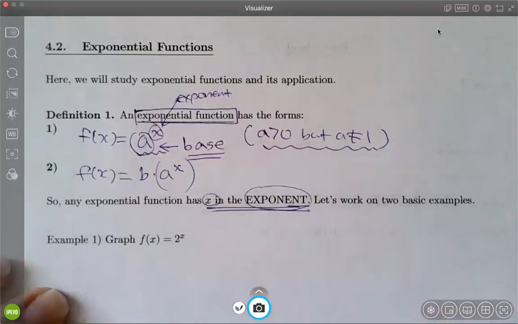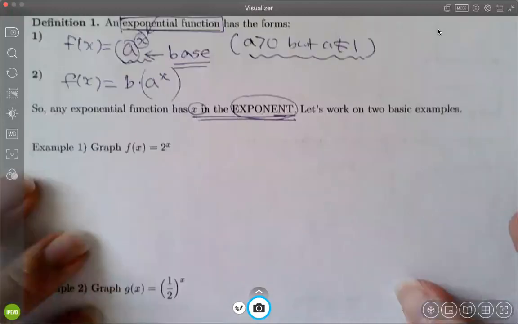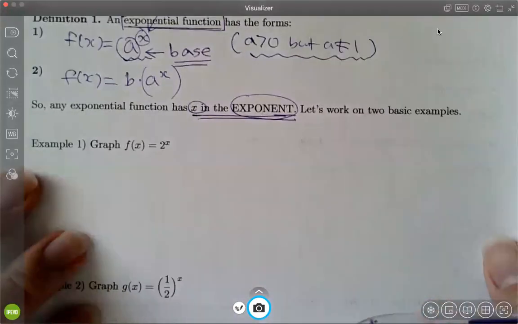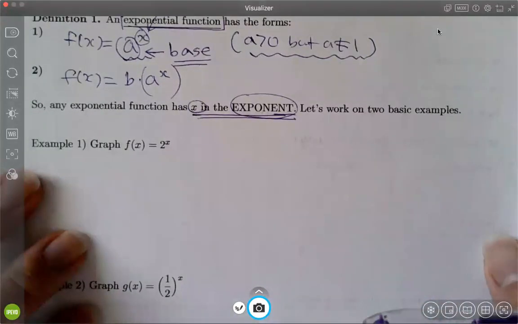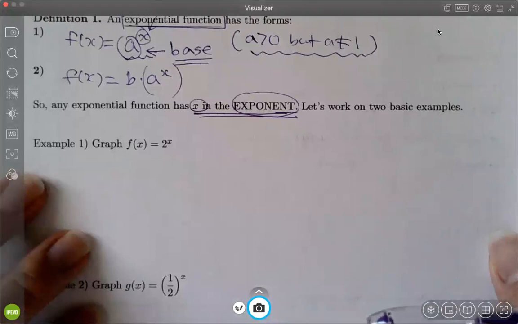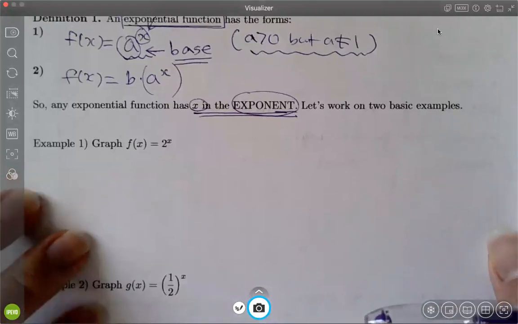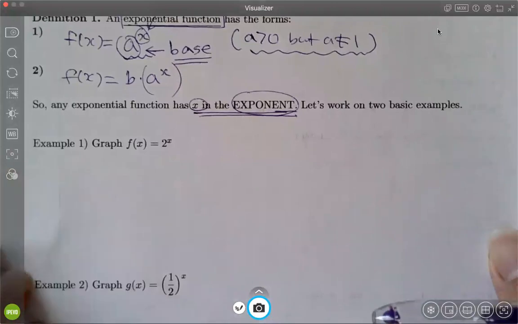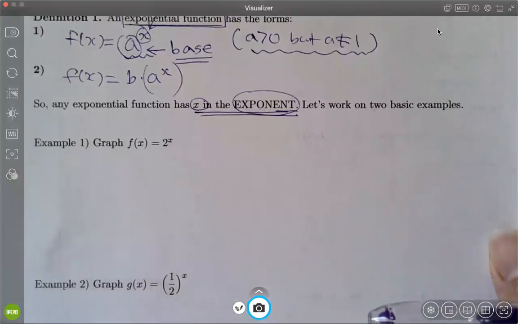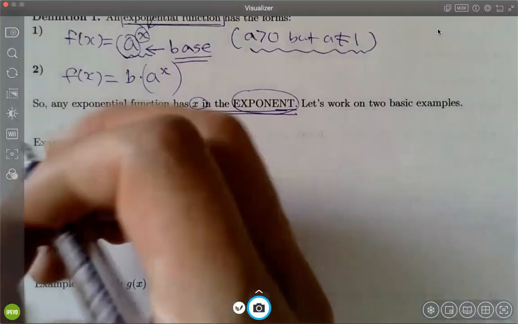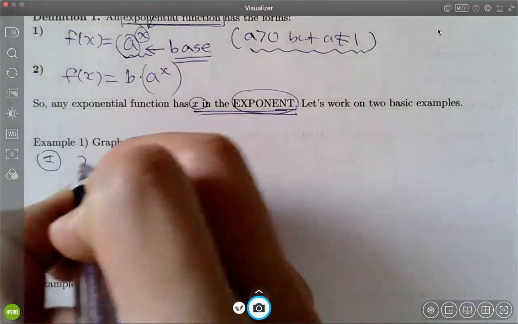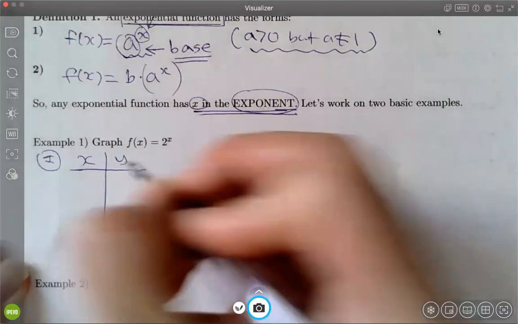Okay, so now let's work on the two basic problems. Graph f of x, which is equal to 2 to the power x. Okay, so once again, it's not 2 times x, it's 2 to the power x. And here, we will be a little bit inefficient and traditional at the same time, which means let's fill in the blanks.